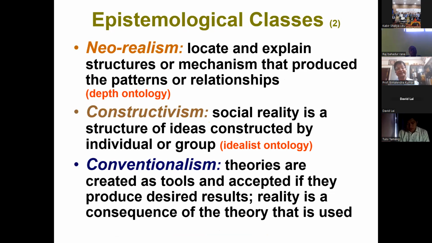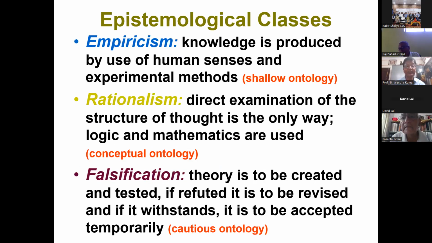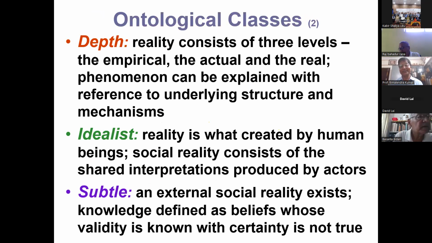Then the next is related with the epistemology, new realism, that is to locate and explain structures or mechanisms that produced the patterns of relationship. Here we will see that is the depth ontology. Here, depth ontology is reality consists of three levels, that is the empirical, actual, and the real.